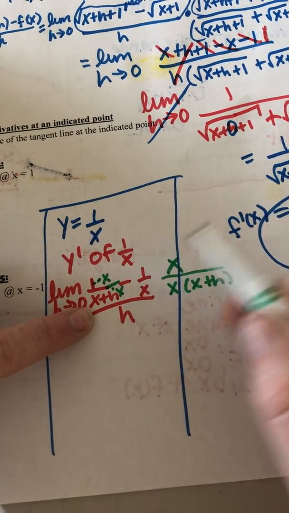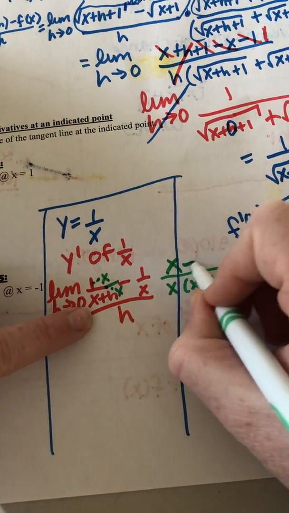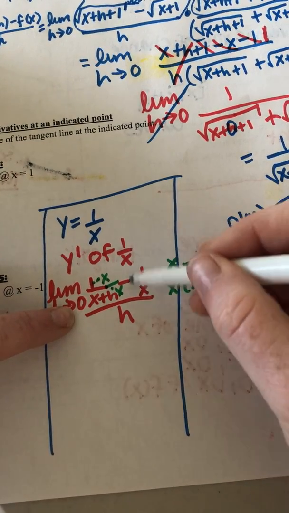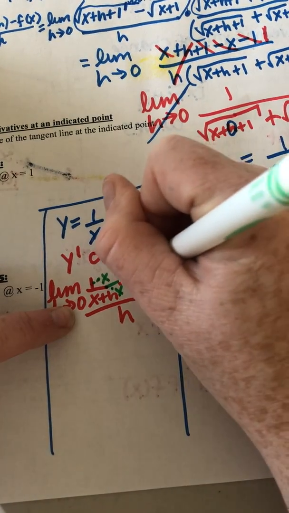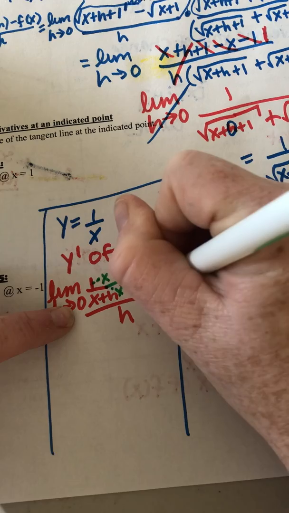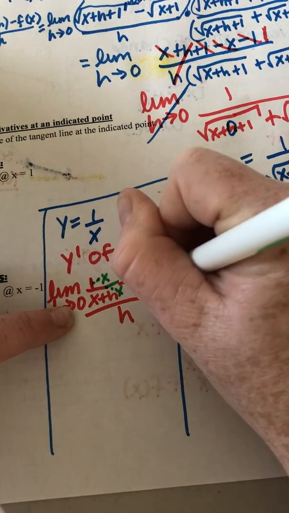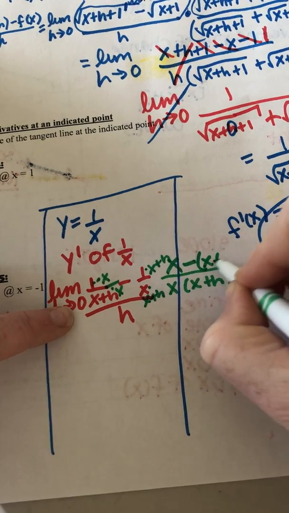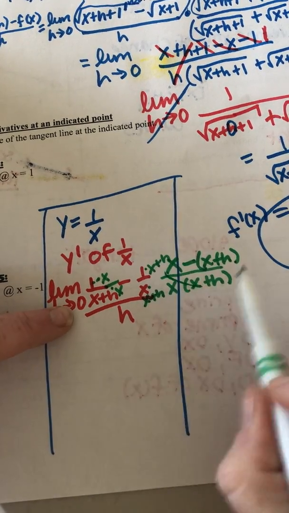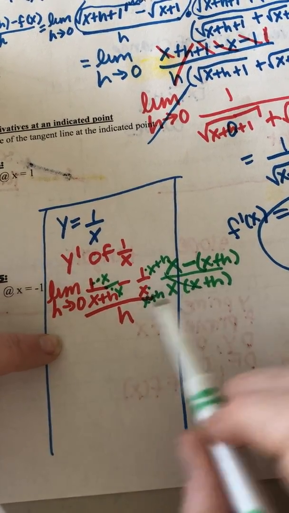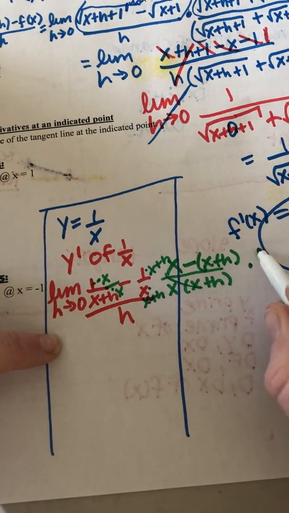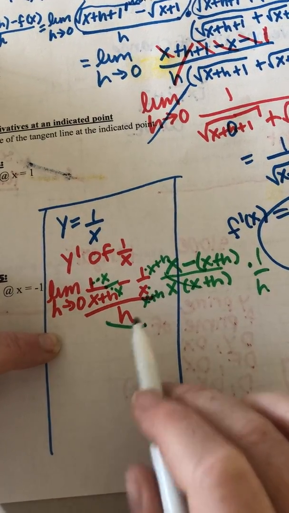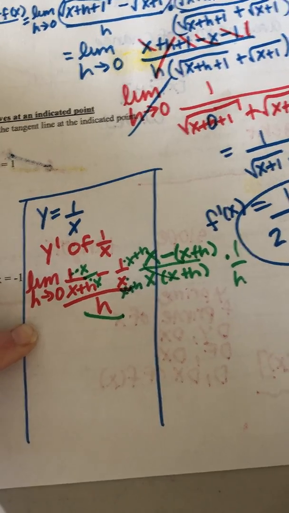And then the minus, let's just copy the minus for now. The second group is missing x plus h. So x minus x plus h. This is your whole common denominator. And then I'm going to write that again, but I'm going to times it by 1 over h from here, so I don't have a fraction over a fraction.